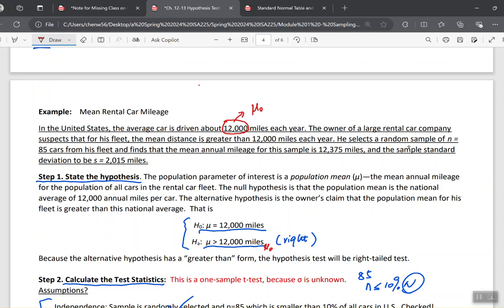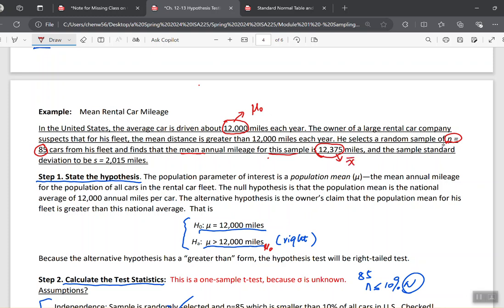Now he selects a random sample of n equals 85. So now I know n is 85 from his fleet. And he finds that the mean annual mileage for this sample is 12,375. What is the notation for that? This is the mean for the sample, so that will be our x bar.